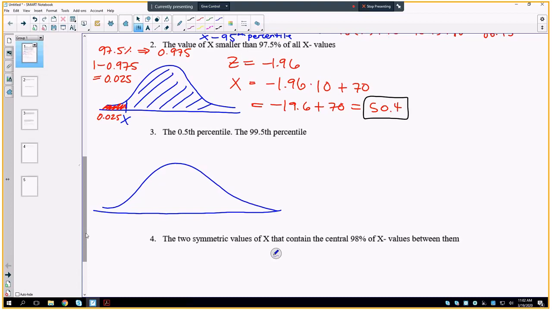So the area on the left should be 0.005, because that's 0.5%. Over here, 1 minus 99.5 is also 0.5, so this is also going to be 0.005.